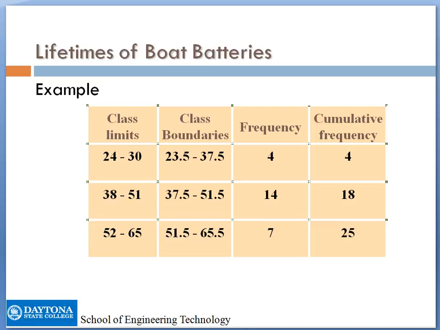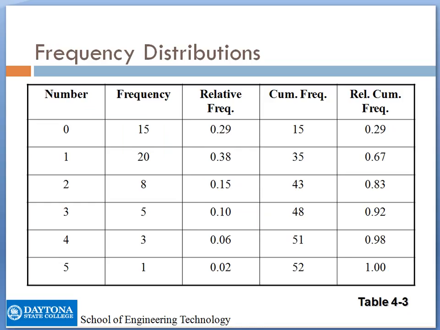So you have the class limits. Remember when building the histogram, we have the number of classes, and then the class boundaries, and then you find the frequency and the cumulative frequency. And this is just an example of a frequency distribution.